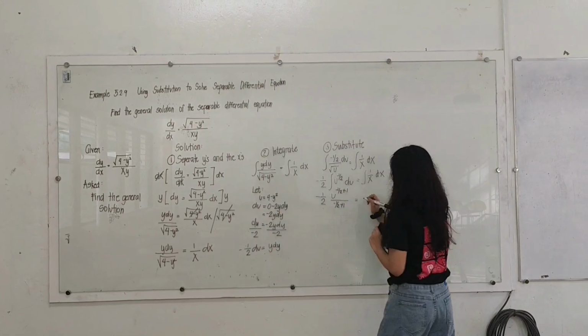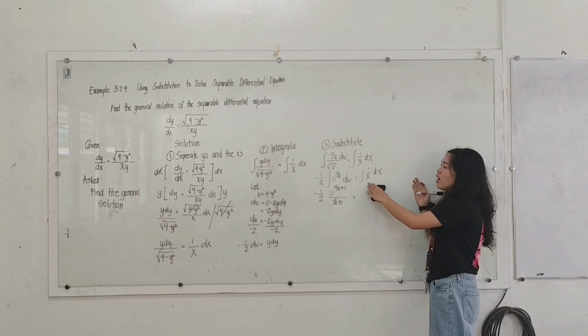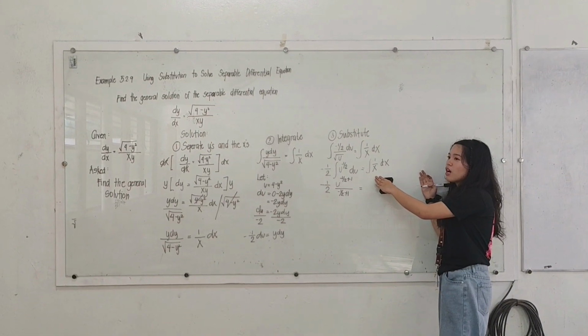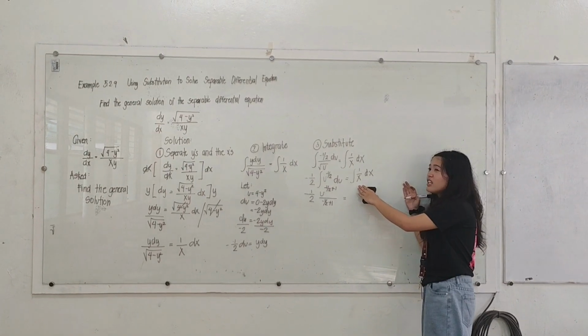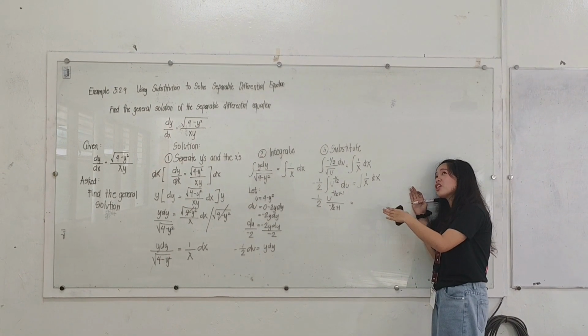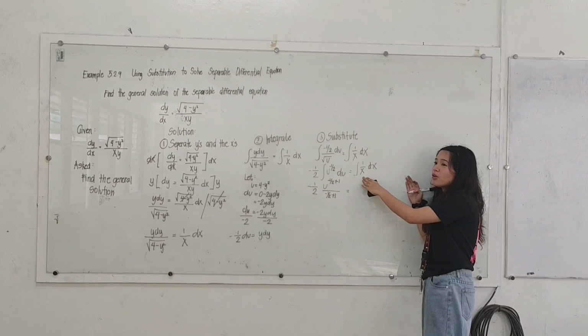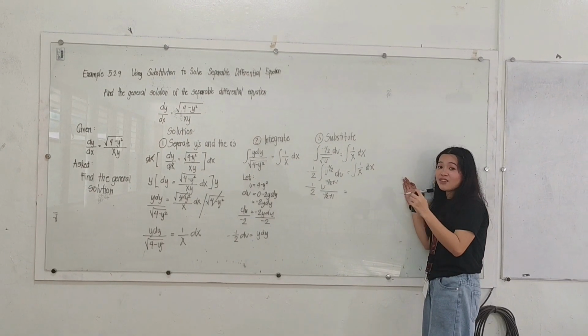And this would be, di ba sa past lessons natin, even though gagamitin natin to ng power rule, hindi natin to siya ma-indifferentiate, since ang answer nito kung magamit tayo ng power rule would be undefined.